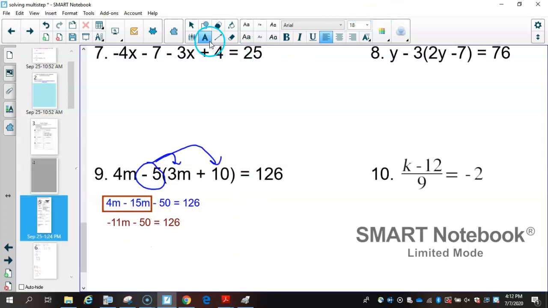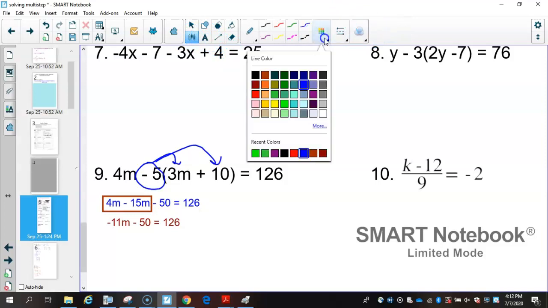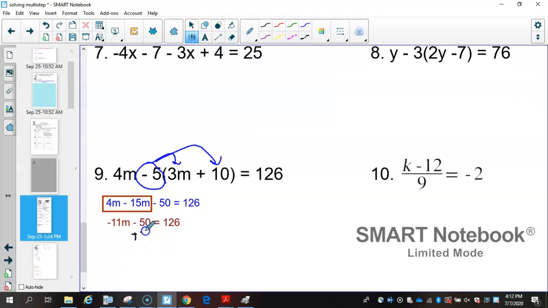Then I can go on to the third step, add 50. I'm adding because that's the inverse operation of subtraction.